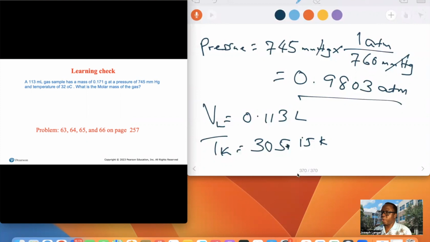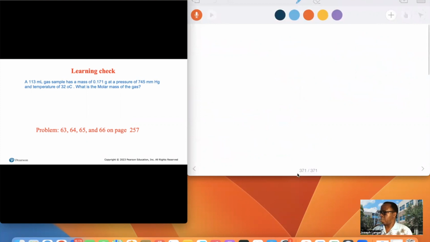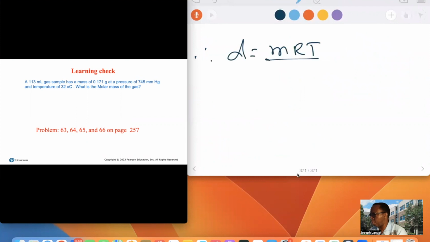We need to find the molar mass. Therefore, the molar mass is given by mass times the universal gas constant times temperature over PV, which is pressure times volume.